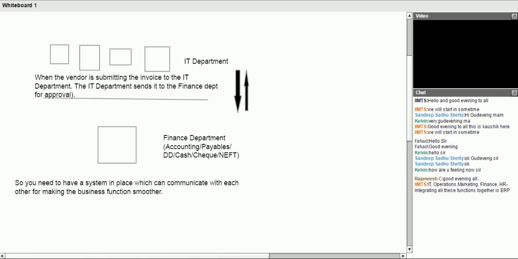You need to have a system in place which can communicate with each other for making the business function smoother. So that's why there is a need for an integrated system.